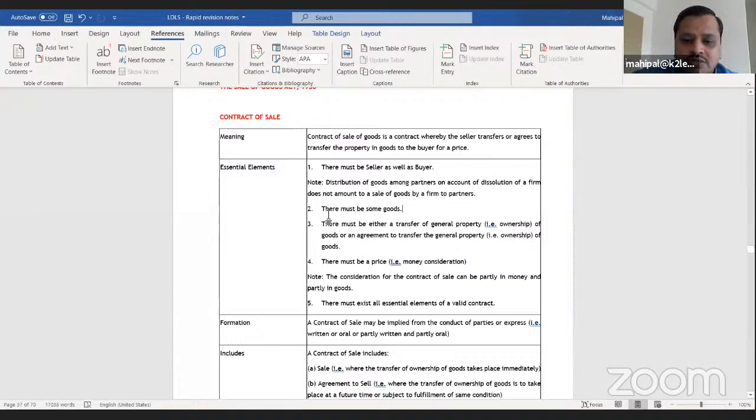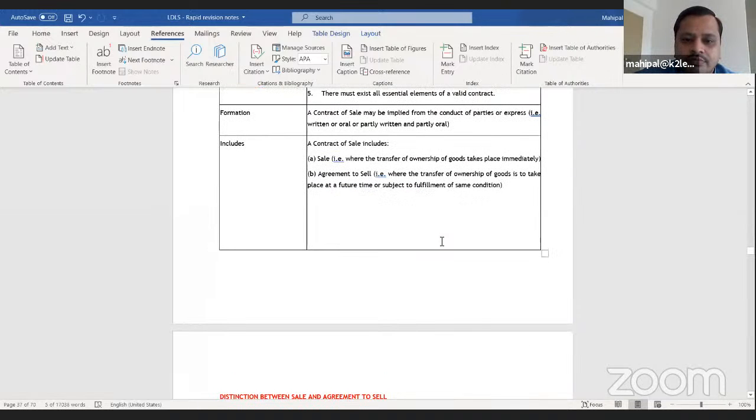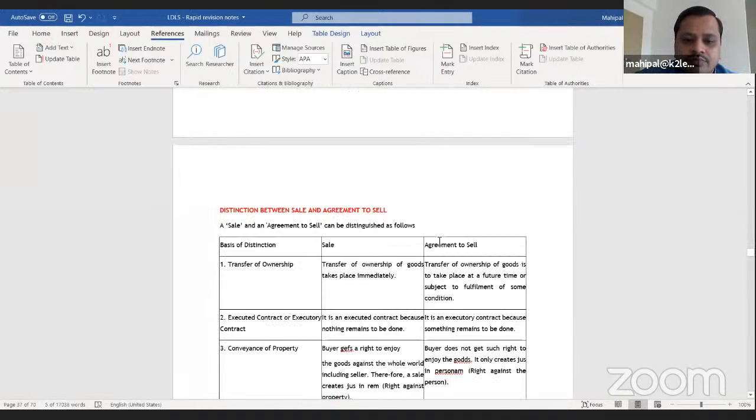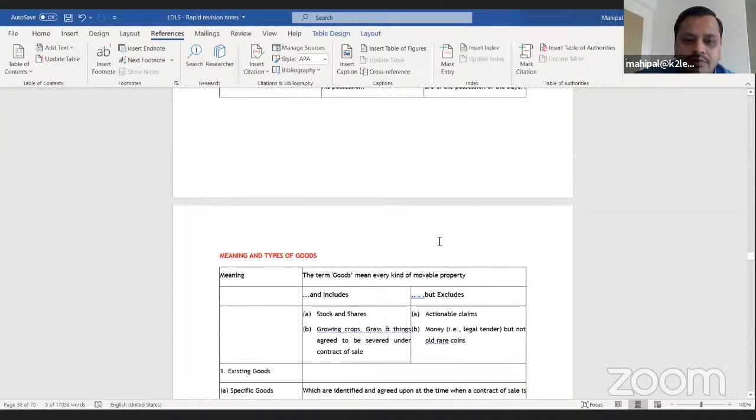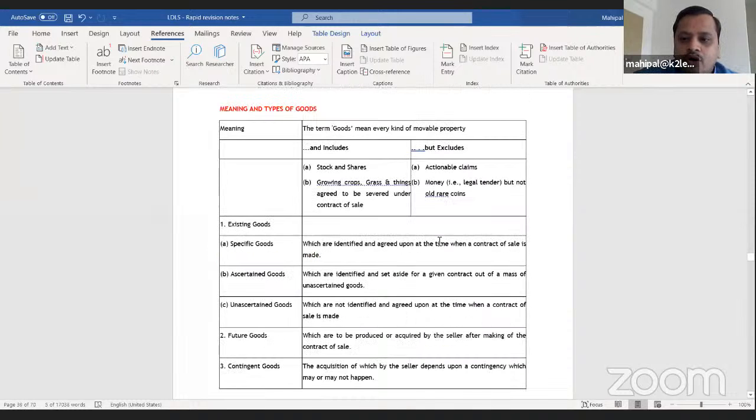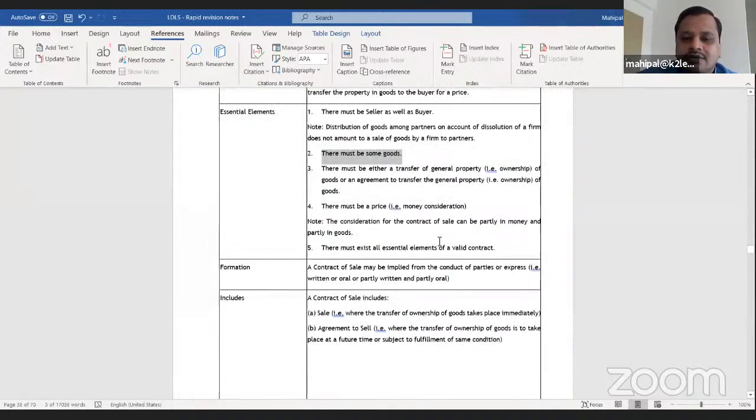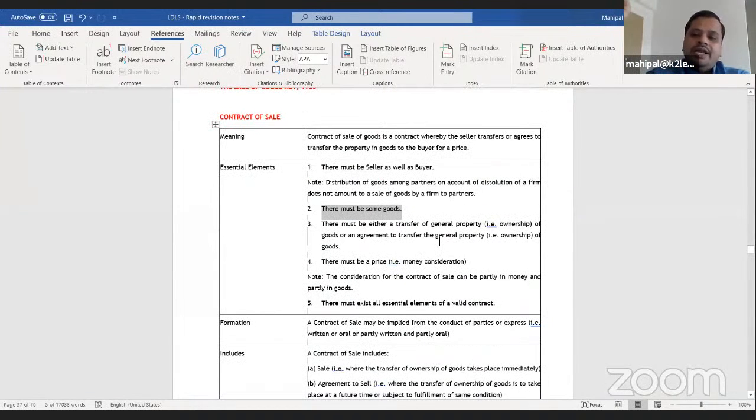Now, what are goods? Goods includes the following. All growing crops and grasses. Goods in India includes the following. All movable properties are goods. Stocks and shares are goods.